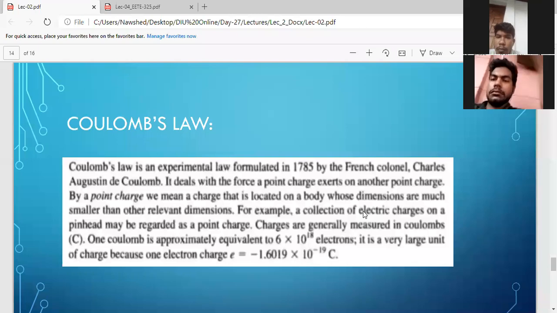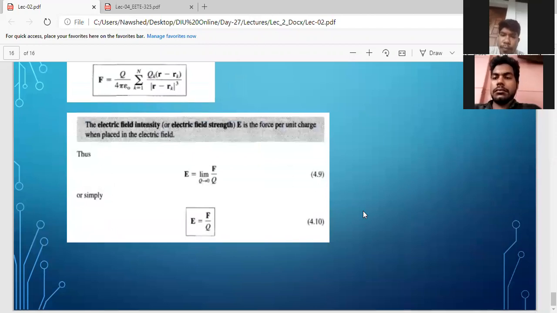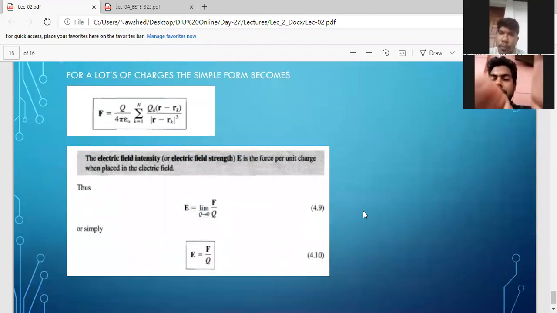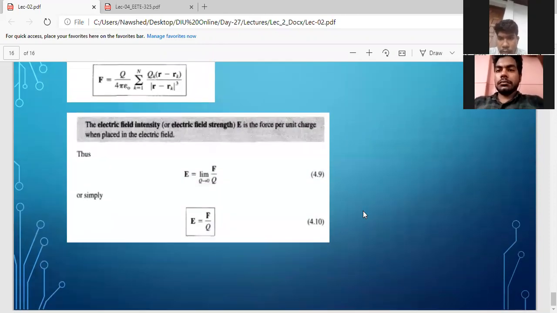In Coulomb's law, there was a formula: F is equal to Q by 4 pi epsilon, summation of Qk (r minus Rk) divided by modulus of (r minus Rk) cubed. This is the formula. By using this formula, we have solved two or three examples, which is very important. That was our first lecture.